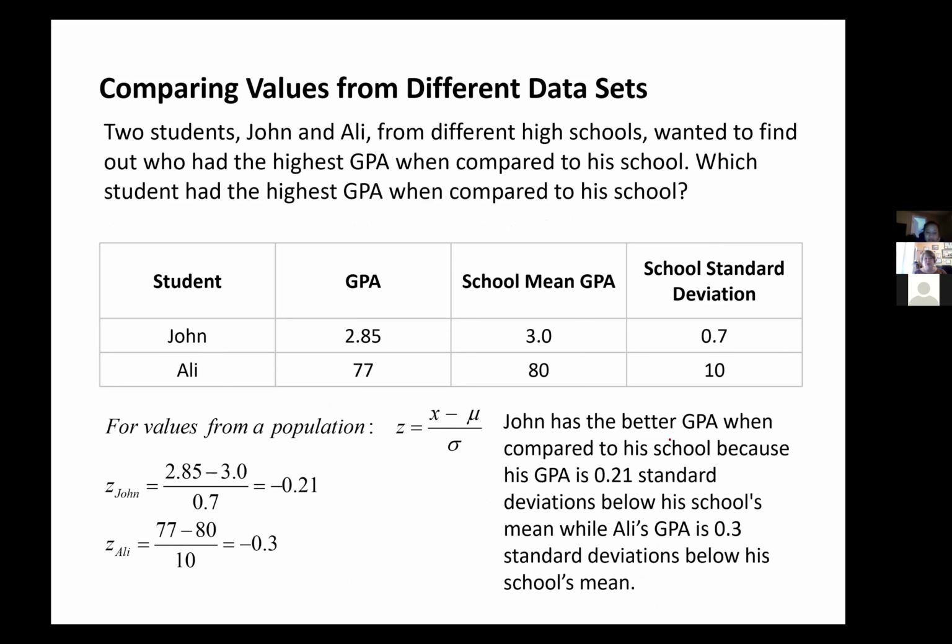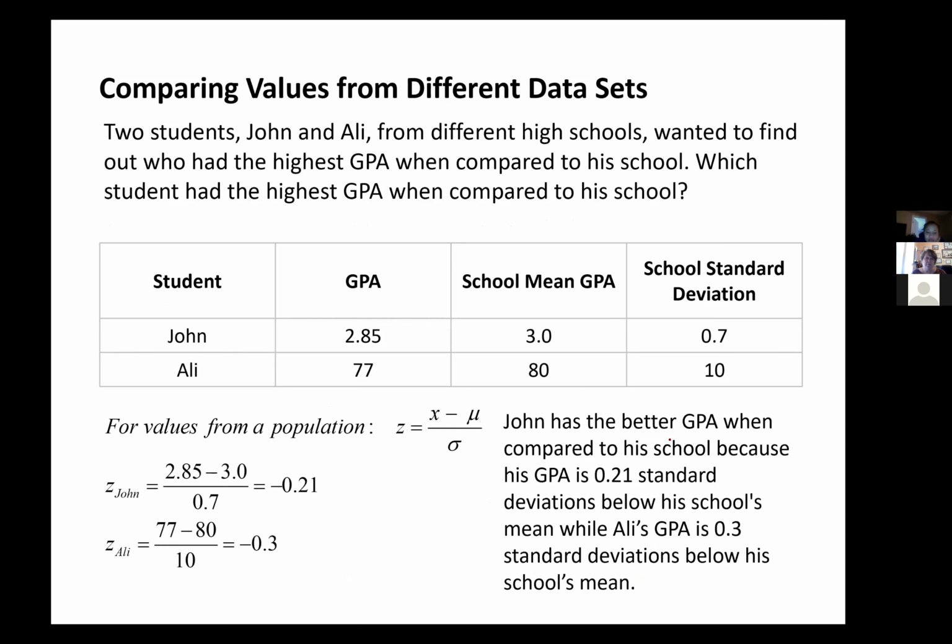For example, two students, John and Allie, from different high schools wanted to find out who had the highest GPA when compared to his school. Which student had the highest GPA when compared to his school? So John's GPA was 2.85.